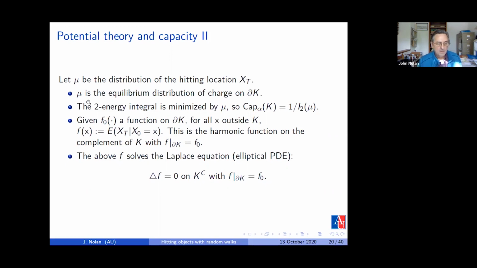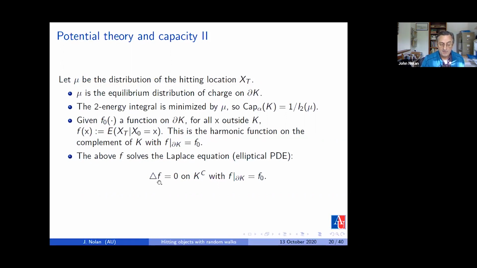So if you take the expectation of f0 of X of capital T, given that you start at x, that defines a function depending on where you start the process. That turns out to be a harmonic function on the complement of K, and it agrees with this f0, this boundary function, on the boundary. So we have solved Laplace's equation.